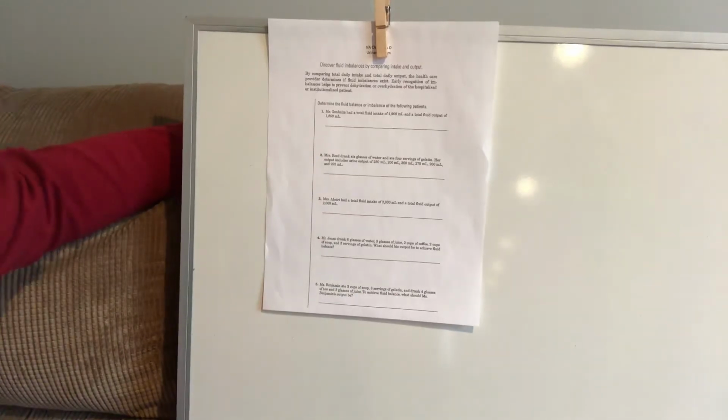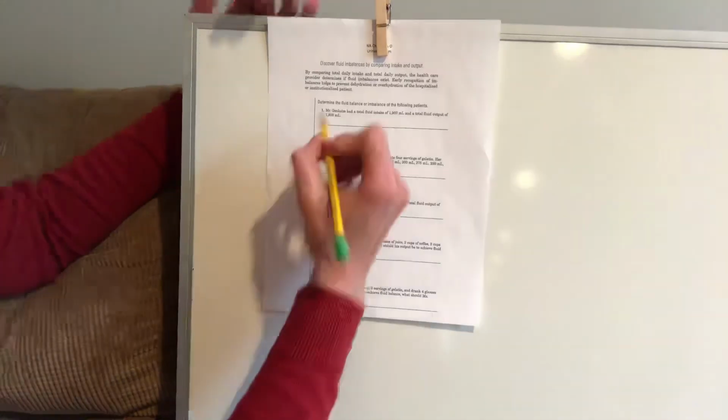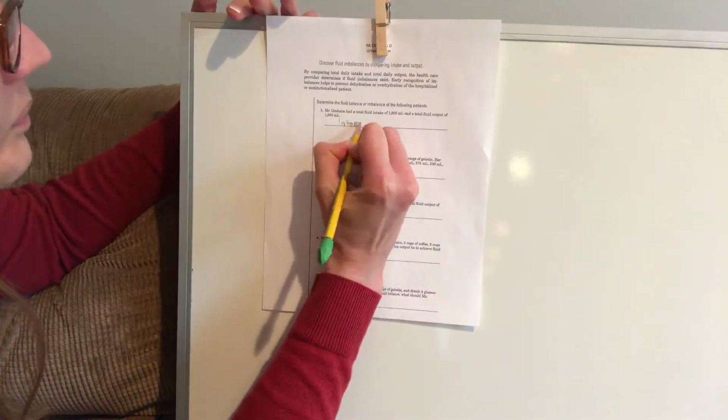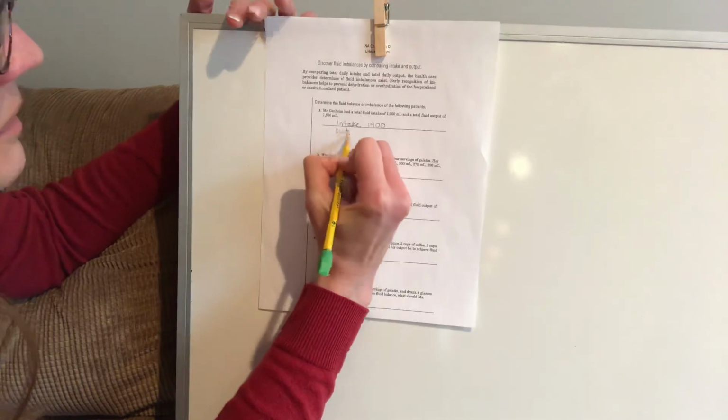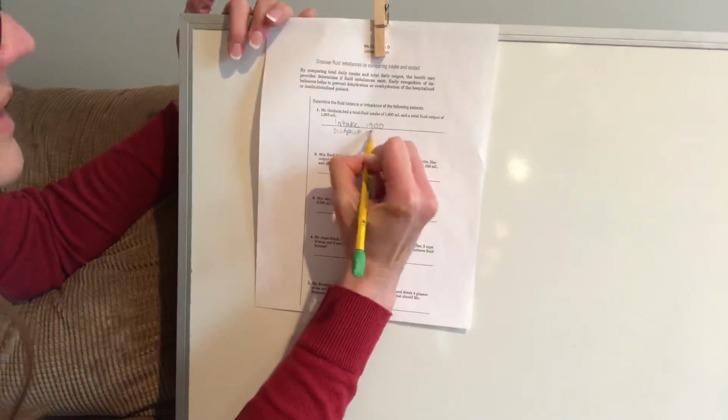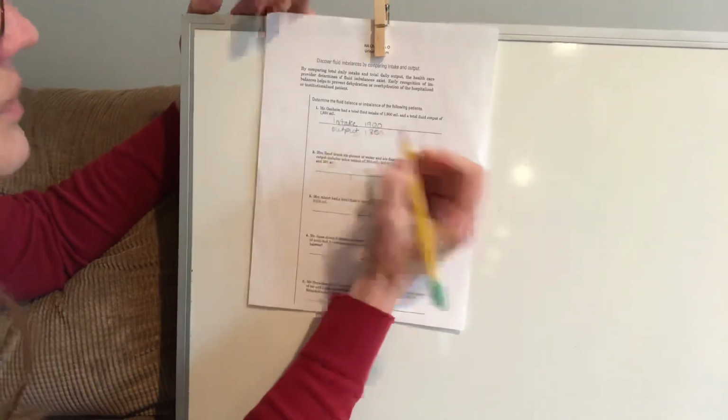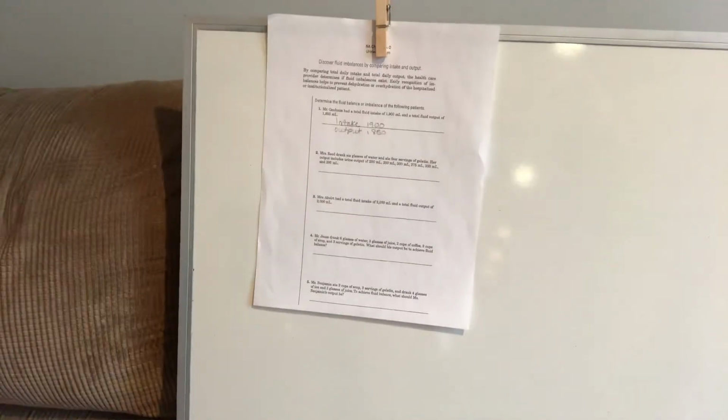Mr. Genham had a total fluid intake of 1,900 milliliters and a total fluid output of 1,850 milliliters. So we know that the intake is 1,900. We know that the output is 1,850. Okay, what we're going to do is we're going to subtract one from the other.